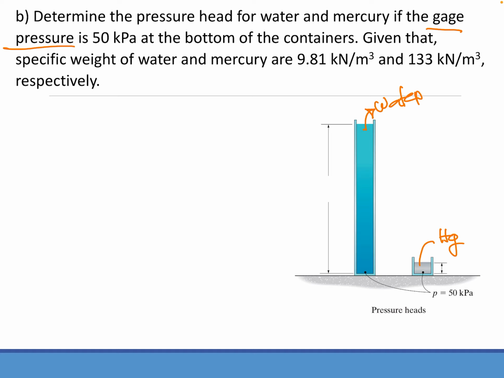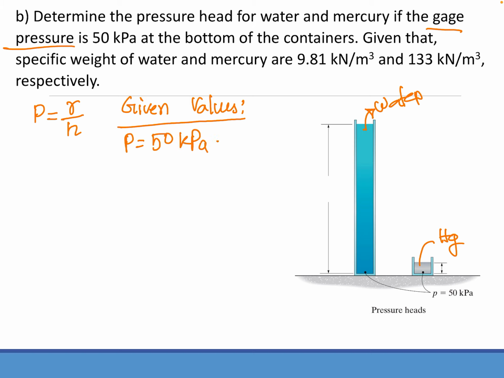So we know that the pressure head equals P over gamma, right? That's what we know. Now all the given values: we know the pressure, which is 50 kilopascal or 50 times 10 to the power 3 pascal.